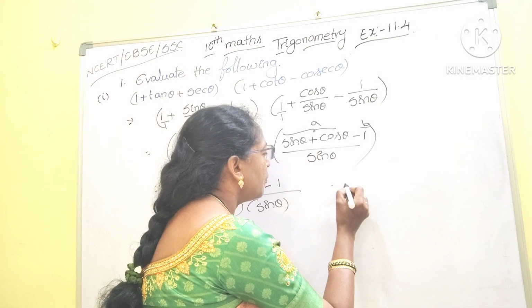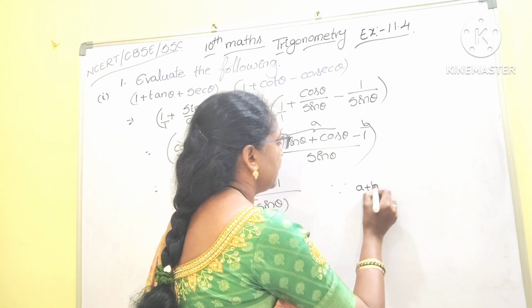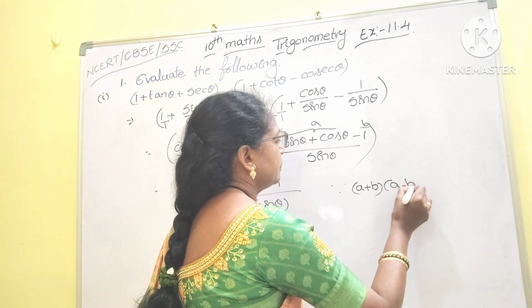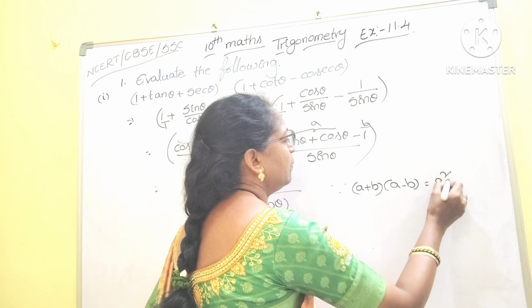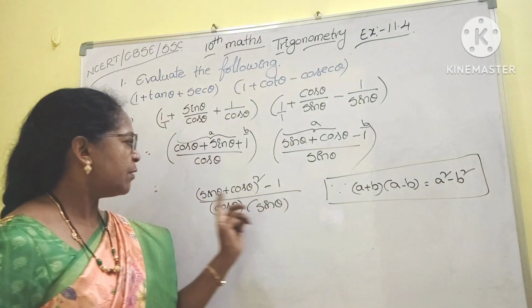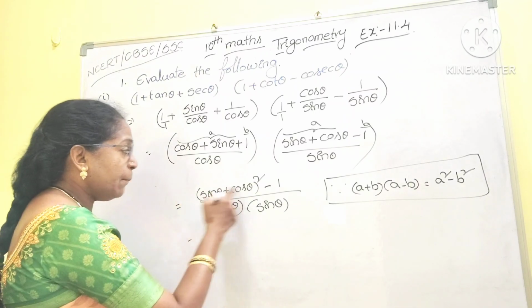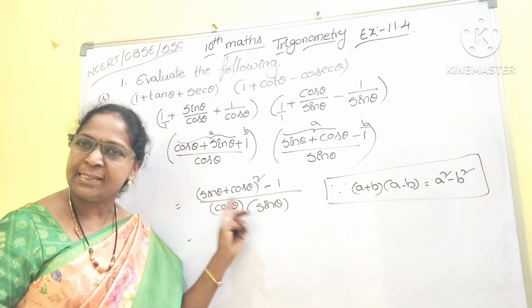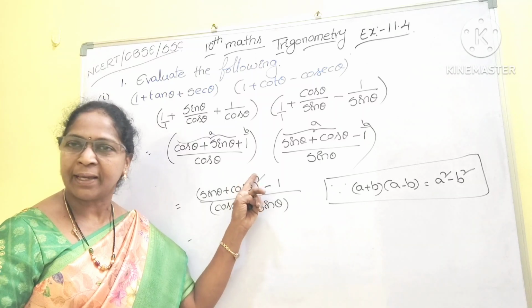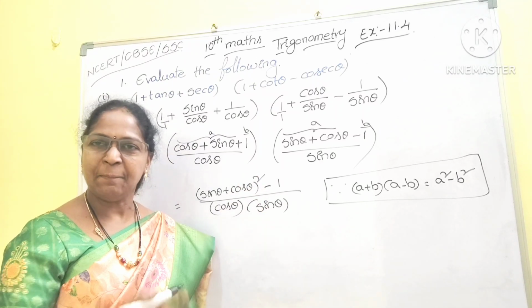Which formula did we apply here? a plus b into a minus b equals a square minus b square. According to this formula, we have written this. Now this is in the form of a plus b whole square, which equals a square plus b square plus 2ab.